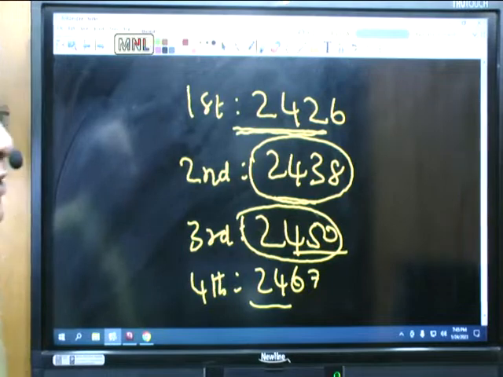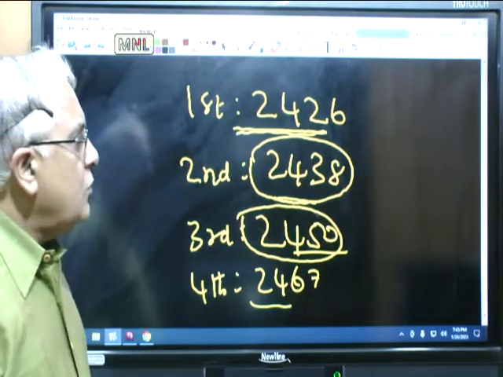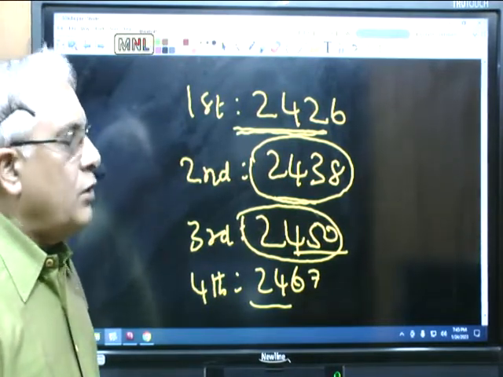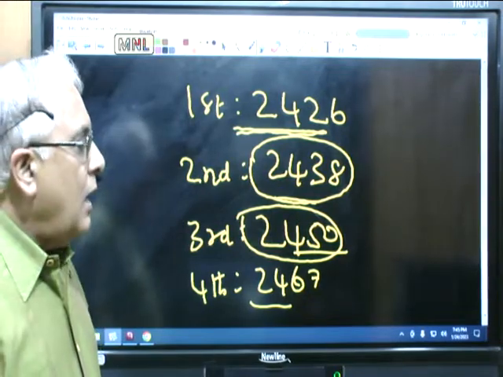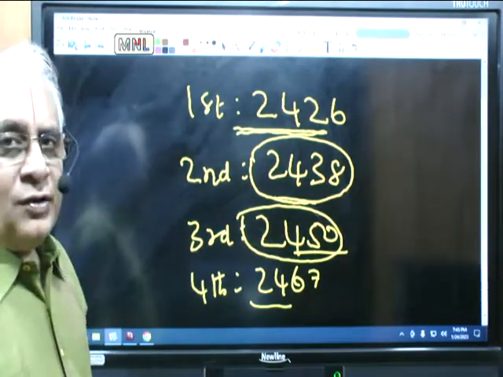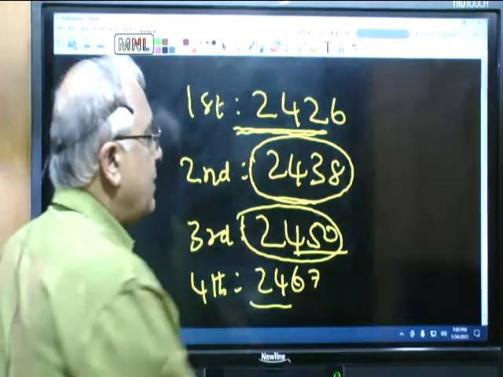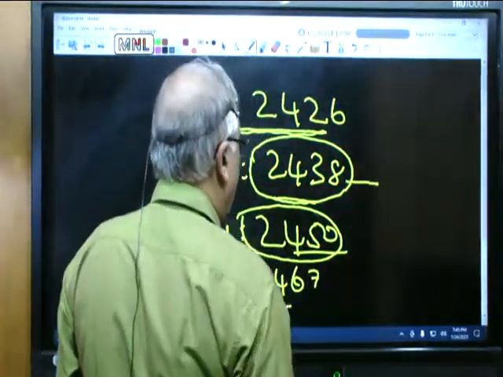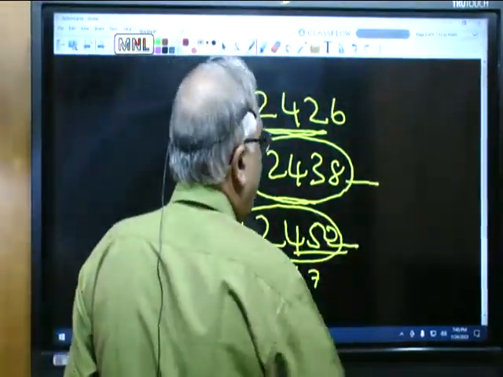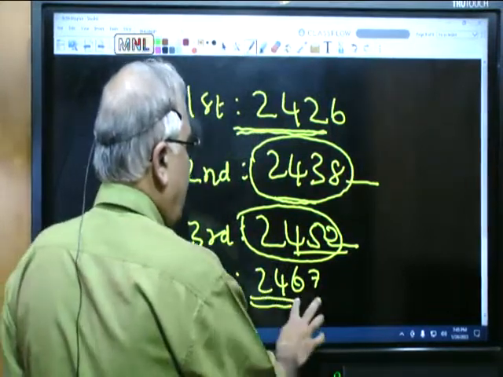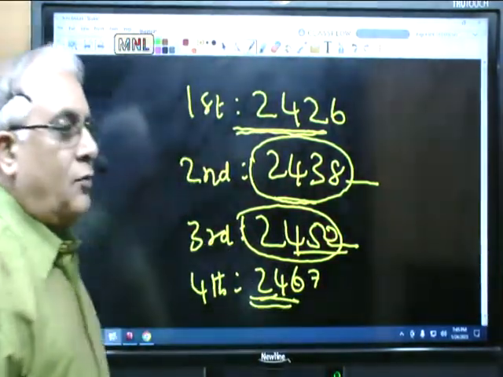Probably since it's closed at 2415, chances are it could break that and go up to 2438, which is a good level of resistance. So 2438 is a level where we can go for a sell. If it goes a little higher, we can go for a sell here. We can keep this as an important stop loss.